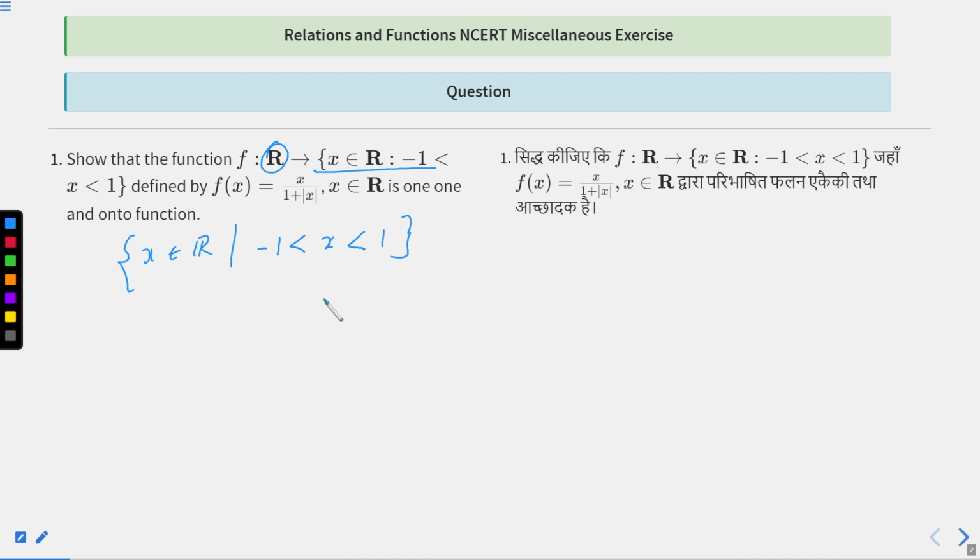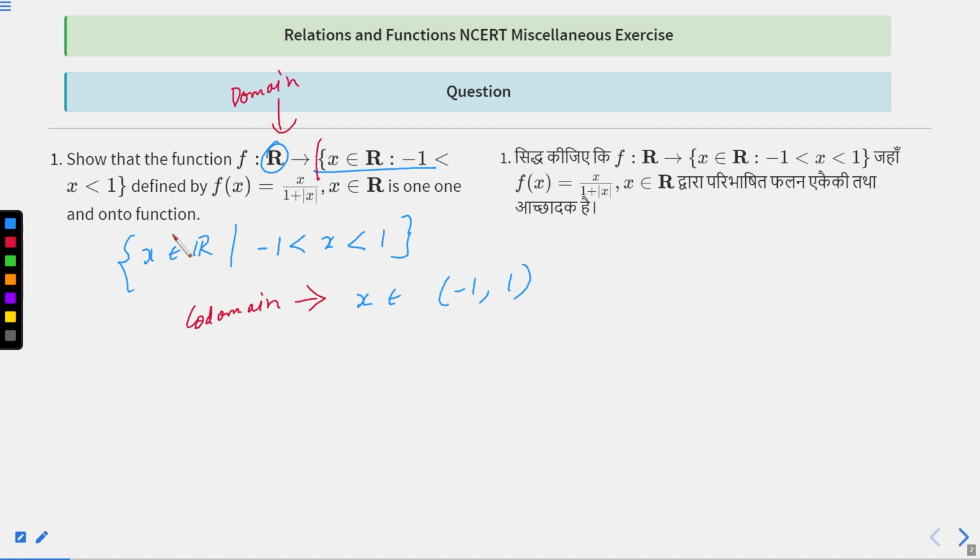In other words, in interval form, this is the open interval (-1, 1). I hope that it is clear. So my codomain is this set, and domain is this set.